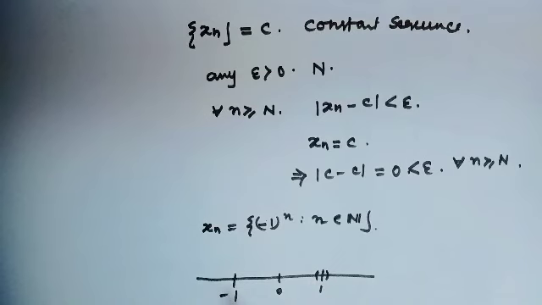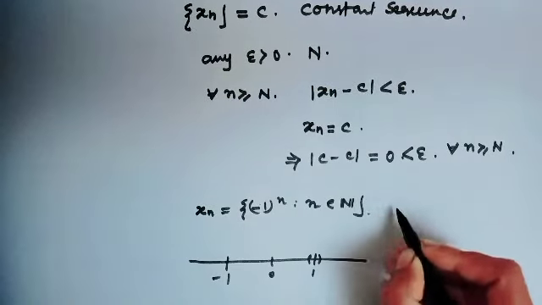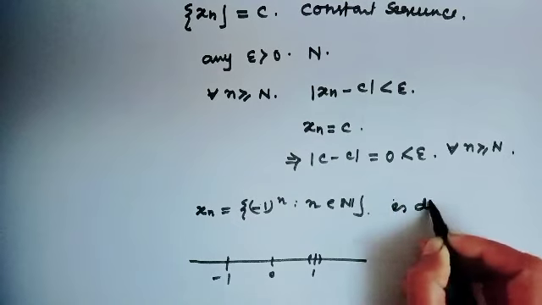If we take any point on the real line other than minus 1 and 1, for the same reason, this point also cannot be a limit point of the sequence. So the sequence is a divergent sequence.